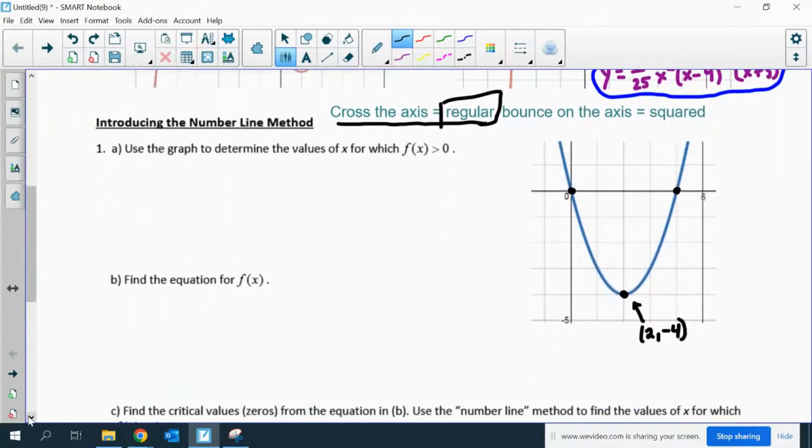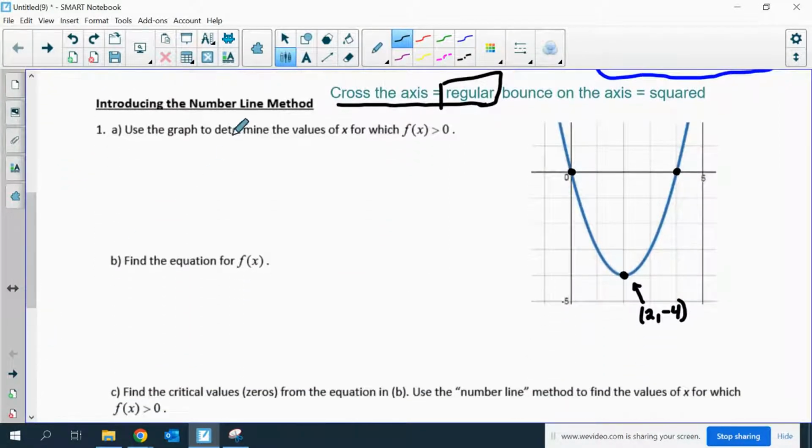Now let's introduce the number line method. First, we're going to use the graph to determine the values of x where the function is greater than 0. So if I look at this graph and I look at the x-axis, the function is greater than 0 everywhere that the function is above the x-axis.